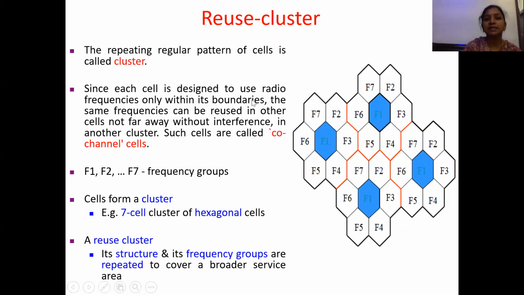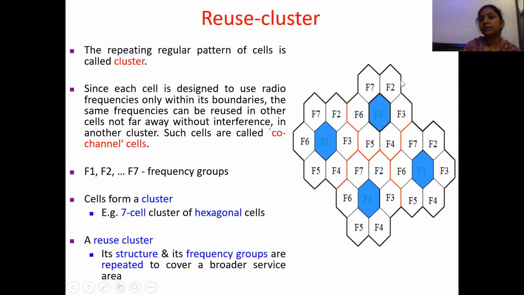Since each cell is designed to use radio frequencies only within its boundaries, the same frequencies can be reused in other cells far away without interference in another cluster. Such cells are called co-channel cells. Here you can see in this figure the blue shaded cells, this F1. All these are the same frequencies.